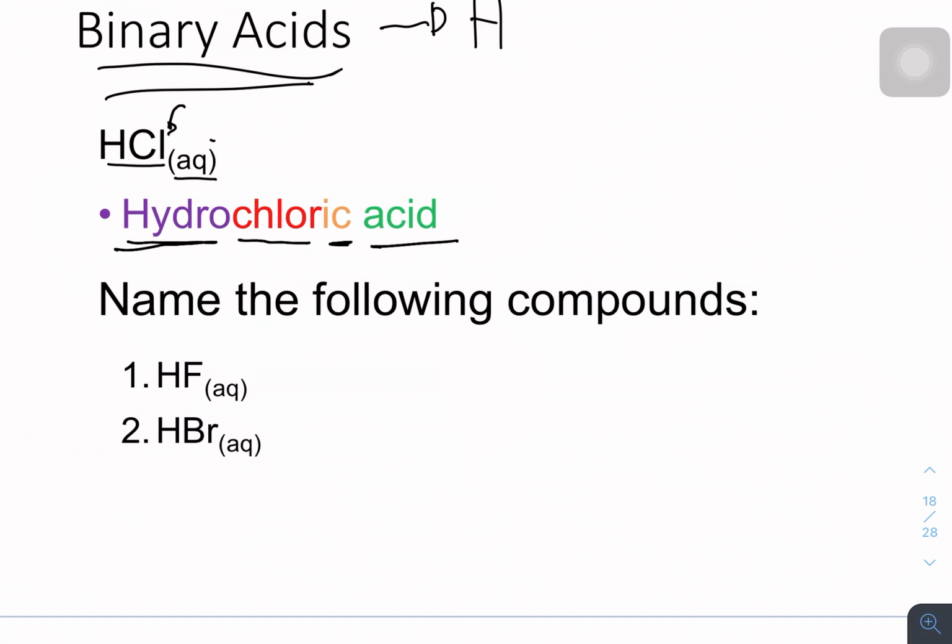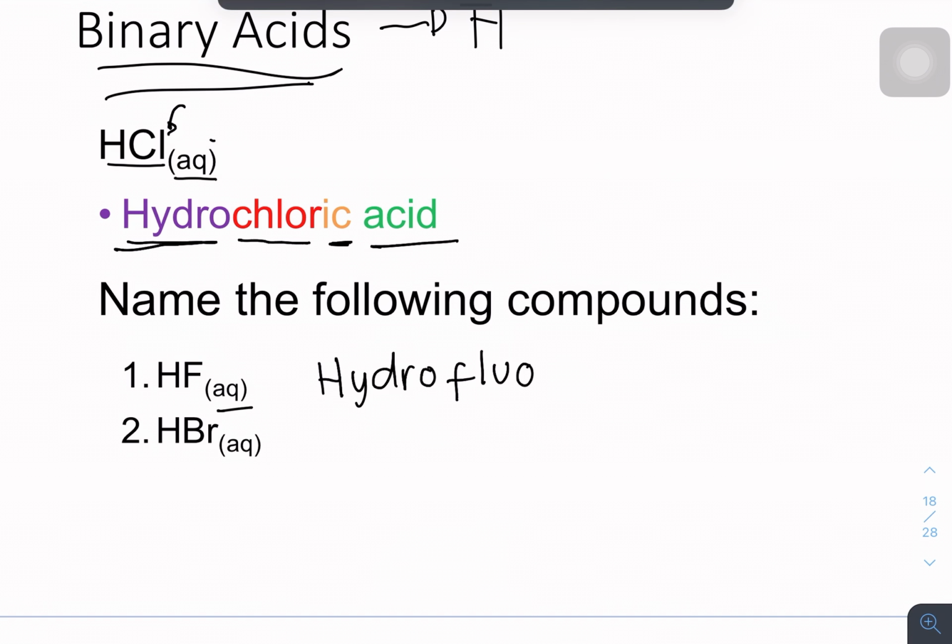Let's have an example. HF. Again, this is an aqueous solution, so this will be an acid. We name this with the prefix hydro, followed by the root name of the element, which will be fluor, followed by the IC suffix: hydrofluoric, followed by the word acid.